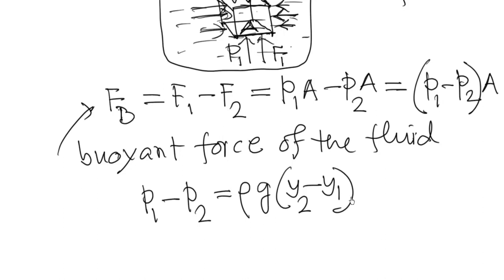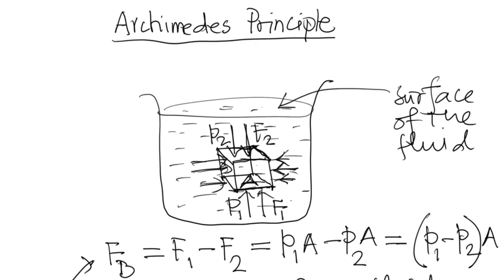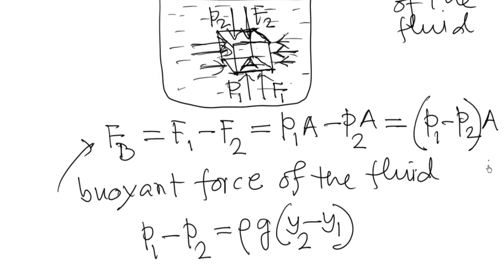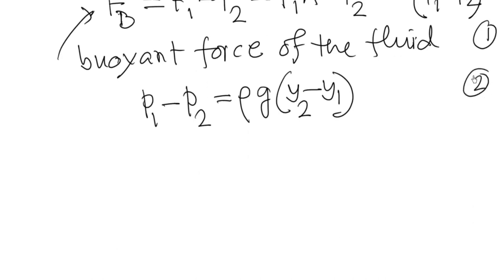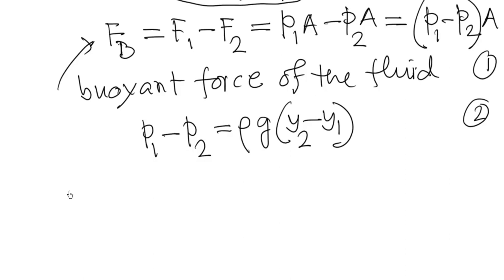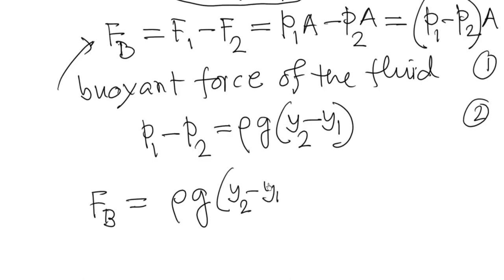And if we substitute this into equation, let us say this is equation 1 and this is equation 2. So if we substitute 2 into 1, then we can write down the buoyant force as rho g (y2 minus y1) times A.